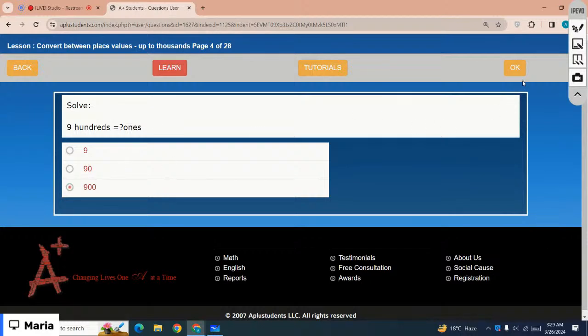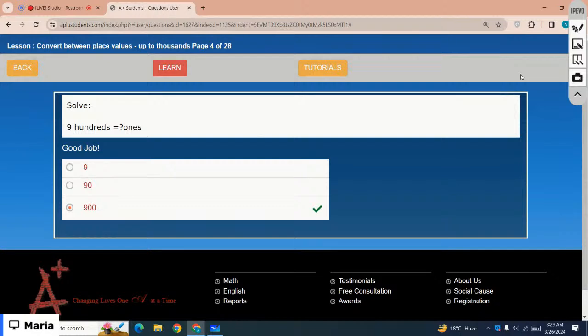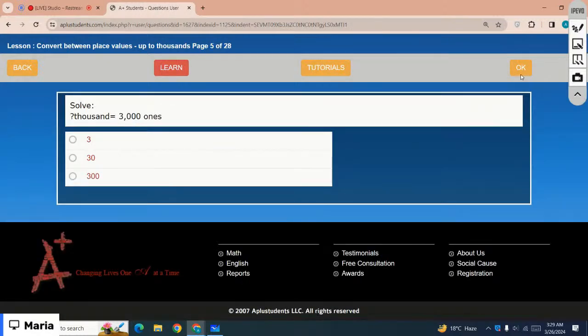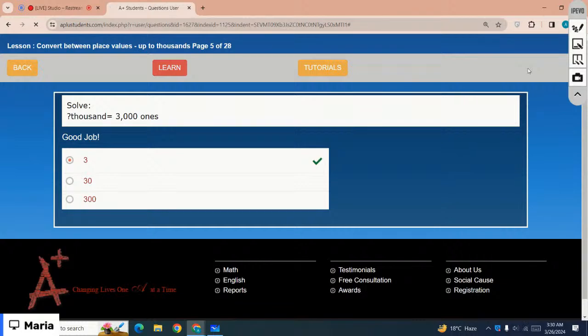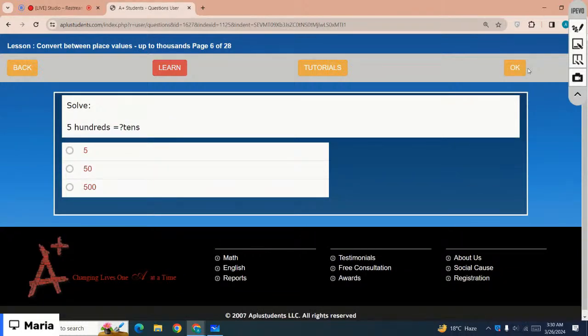The correct option is 900 ones. 3,000 ones equal how many thousands? The correct option is 3 thousands. 500 equals how many tens?